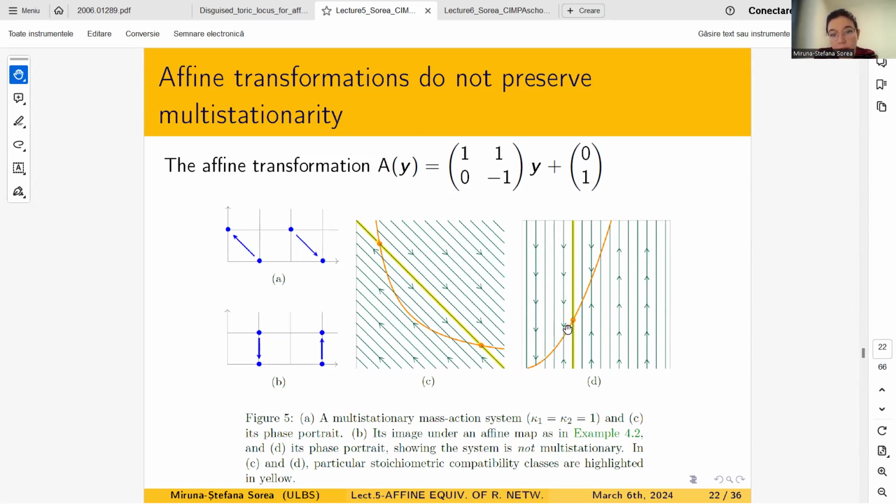We always have precisely one intersection point. This is an example. We were hoping that multistationarity would be preserved, but it turns out this does not happen.